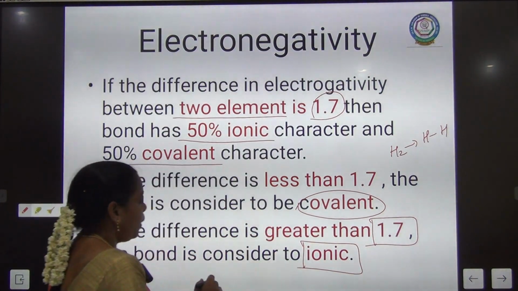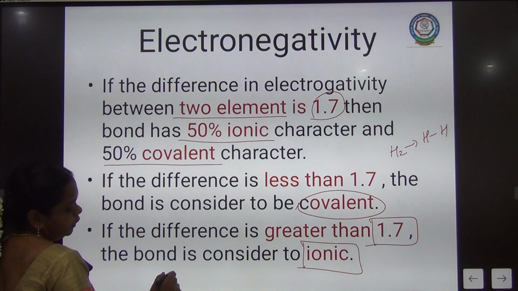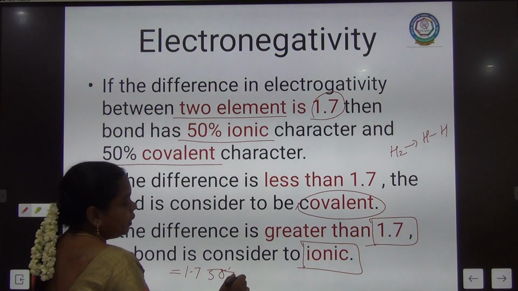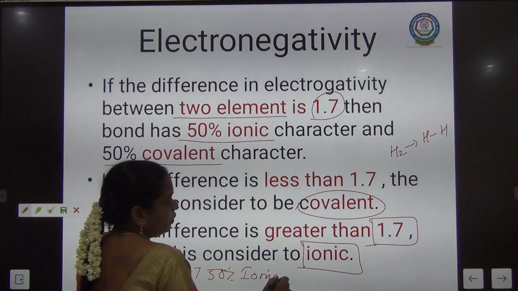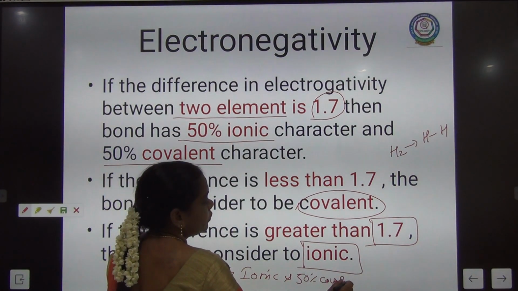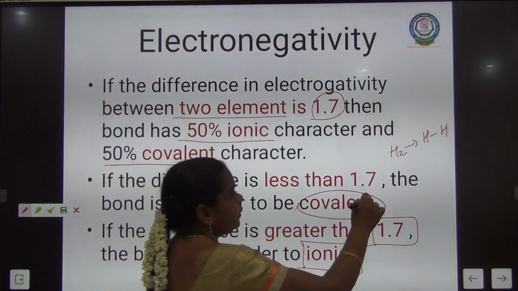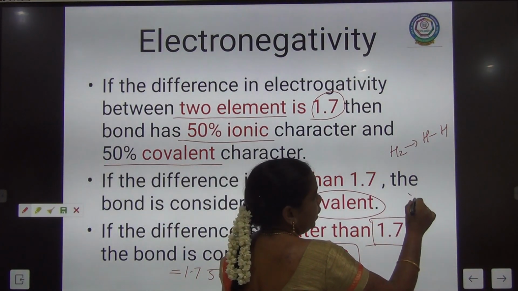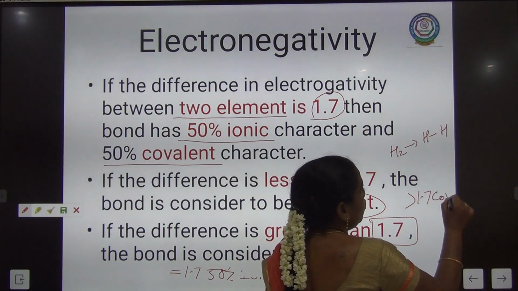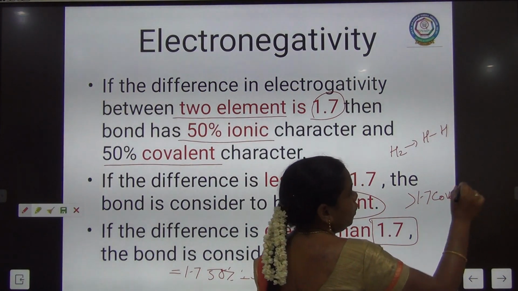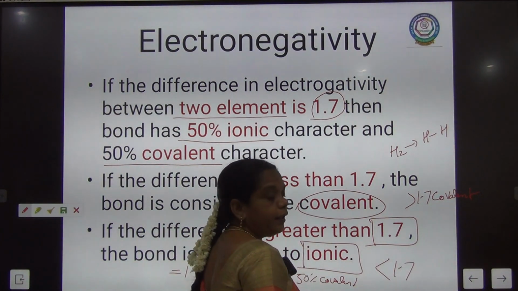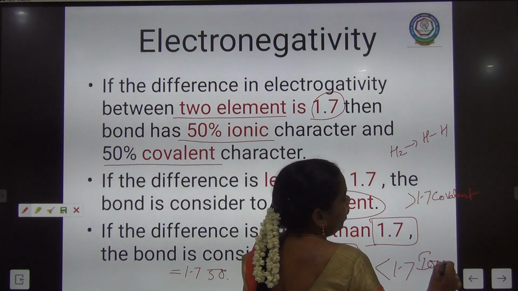So, based on this: equal to 1.7 means 50% ionic and 50% covalent; less than 1.7, covalent nature; greater than 1.7, ionic nature.